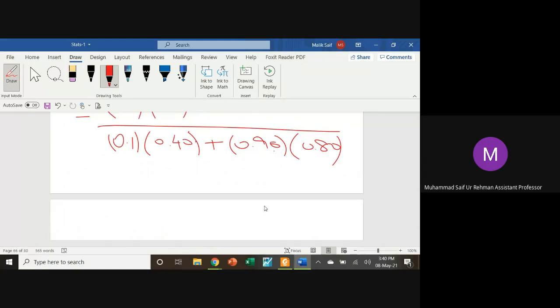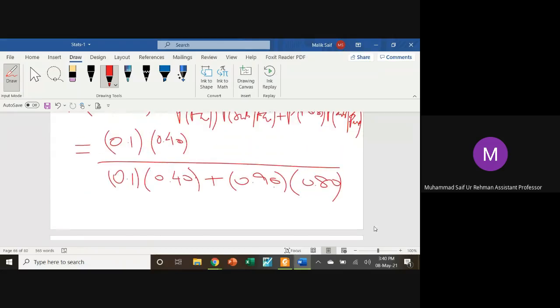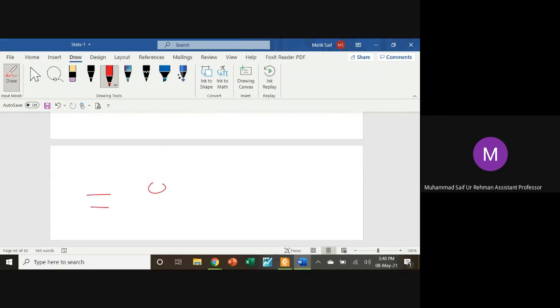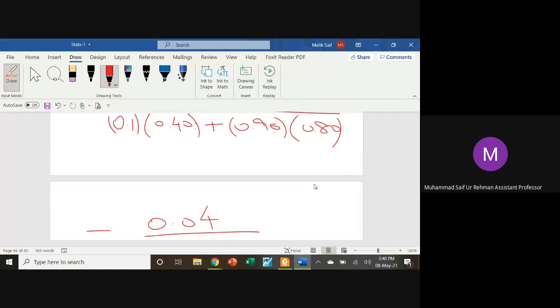Solve it. See the answer. 0.04 divided by 0.04 plus 0.9 multiplied by 0.8, which is 0.72.